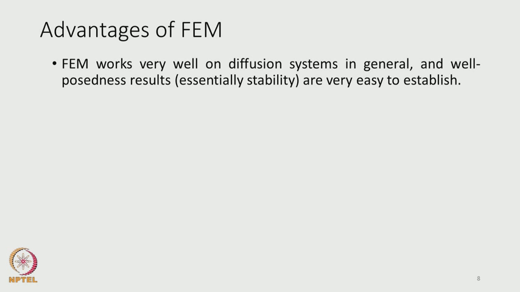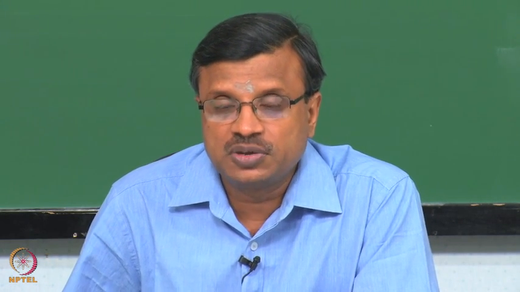As I mentioned before, we can use this finite element method in completely unstructured form, and it is very good for complex geometry. It works very well on diffusion systems in general and for well posed problems, which means essentially the stability criteria is satisfied. Again, we are going to have a next lecture where we are going to talk about how to analyze a numerical scheme.